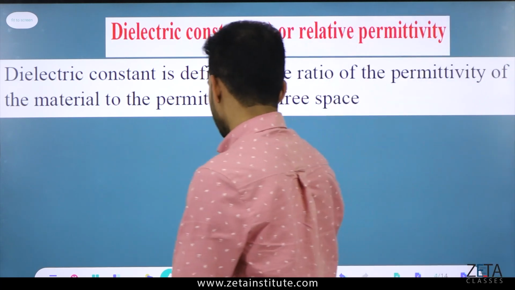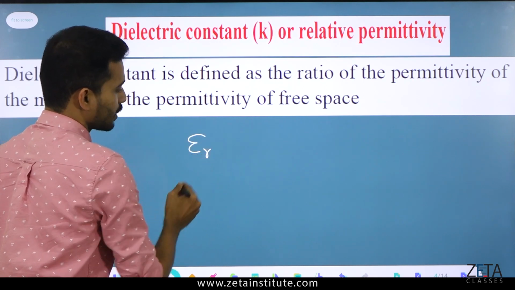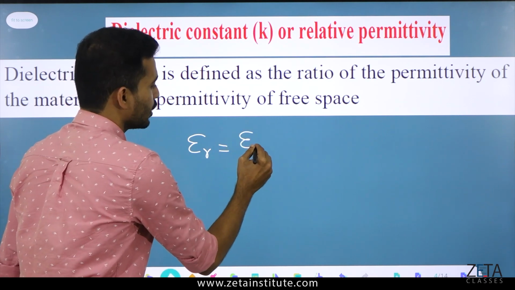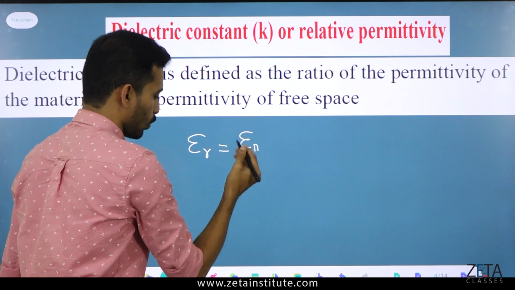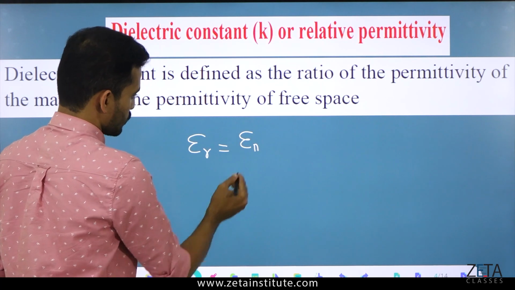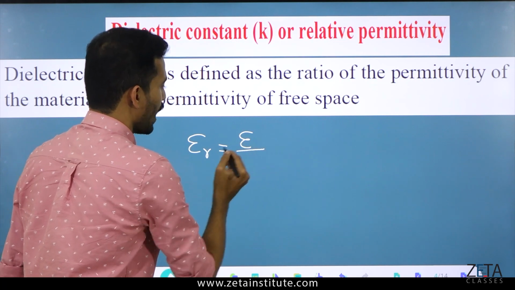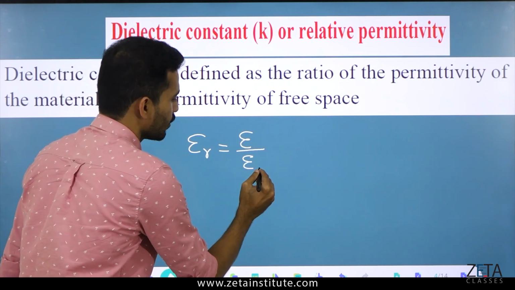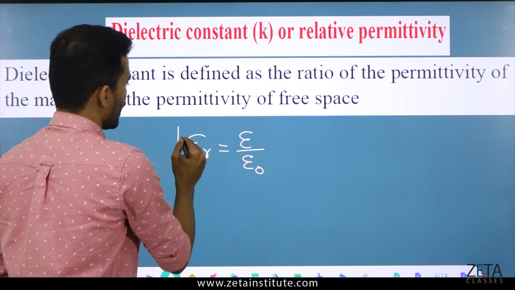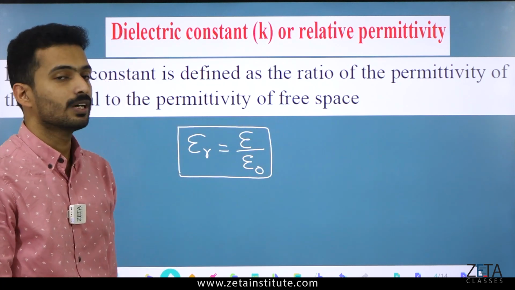The dielectric constant or relative permittivity can be taken as epsilon r. The relative permittivity is equal to the permittivity of medium, epsilon, divided by the permittivity of free space. So epsilon r is equal to epsilon divided by epsilon 0. This is called the dielectric constant or relative permittivity.